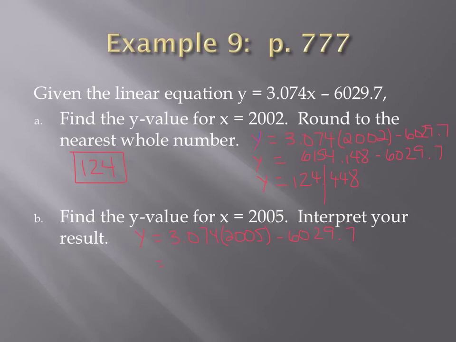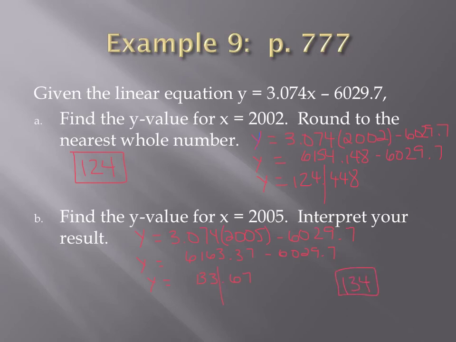So 3.074 times 2005 is 6,163.37, and then subtract 6029.7, and that gives us y equals 133.67. So if we are rounding to the nearest whole number, 133.67 is going to be closest to 134.